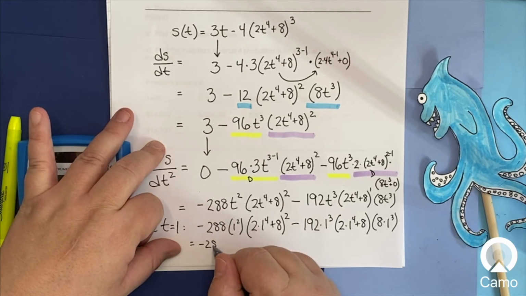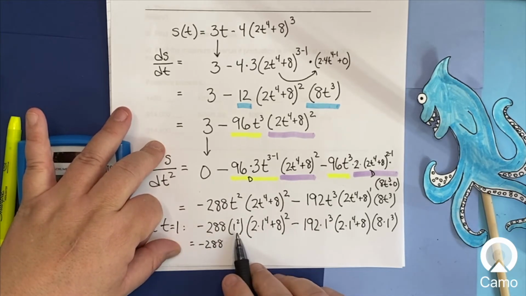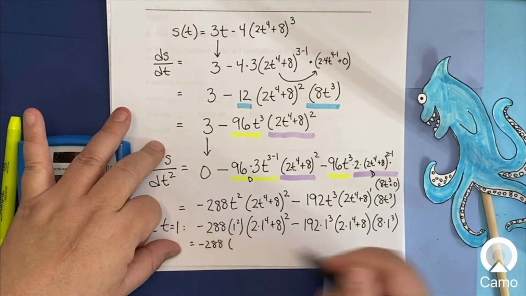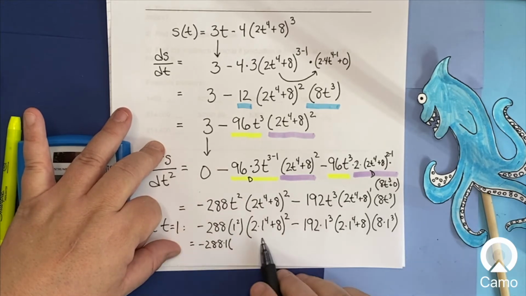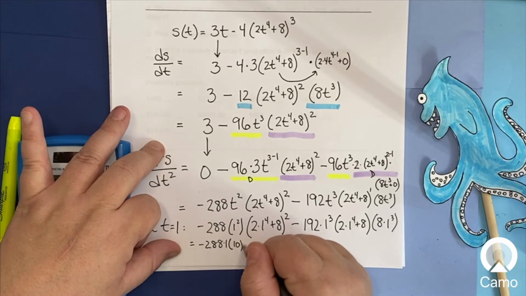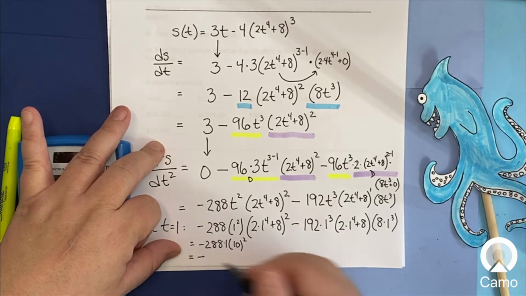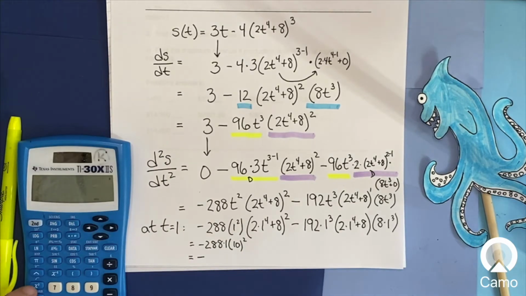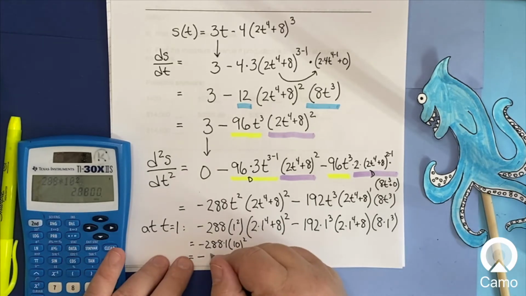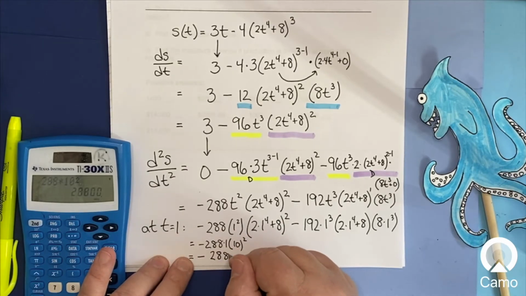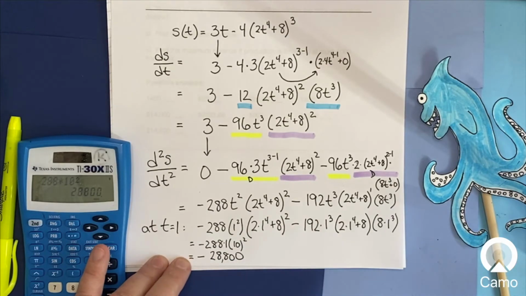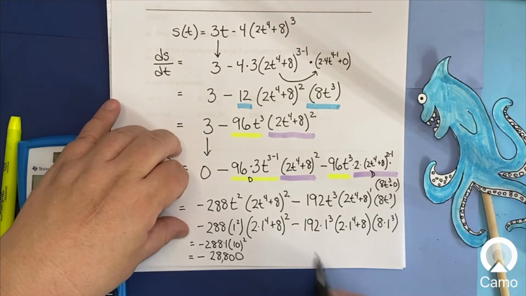Negative 288 times 1 times 2 times 1 to the 4th is 2, plus 8 is 10 squared. So I've got negative 288 times 10 squared, which is 28,800. That's that first one.